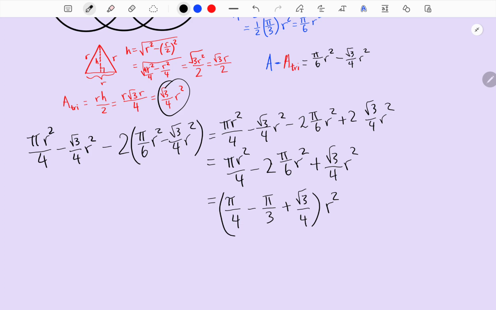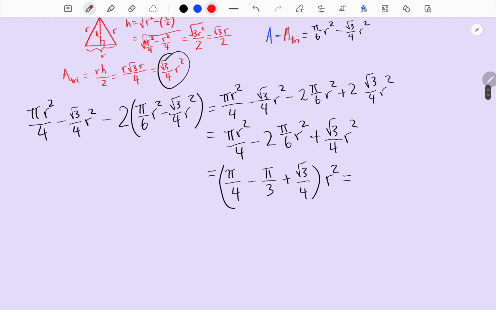Okay, and if I want to have a common denominator, I can multiply top and bottom by 3 here, multiply top and bottom by 4 here, and then multiply top and bottom by 3 here. So we have denominator 12.